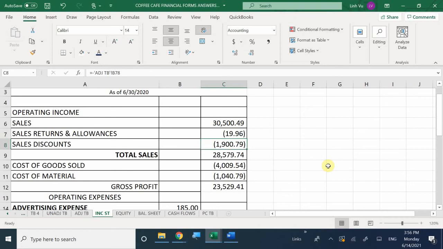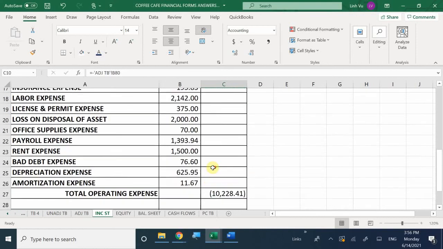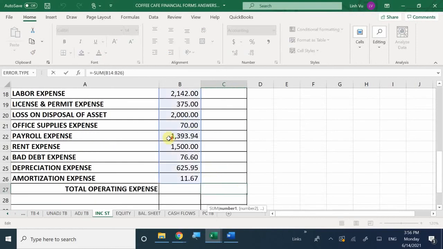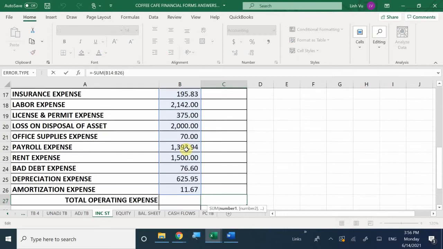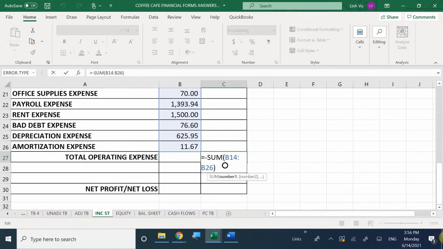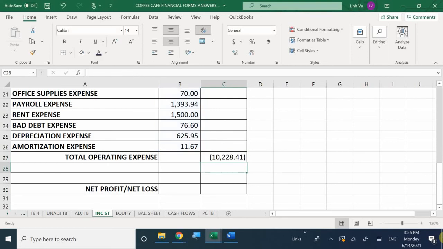Okay, got that for the gross. And then what was your equation on the bottom for total operating expense? I just equal summed all of my operating expenses. Equal negative sum. Oh yeah, in this case, yes, equal negative sum. Oh, crap. Okay.